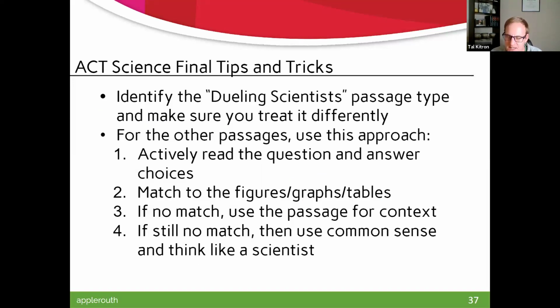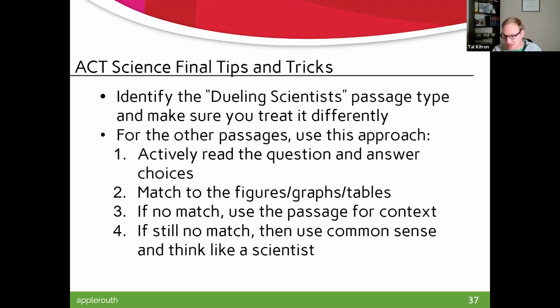Final tips for science: of the 6 passages, again, one is different. It's more like a reading passage. It's called Dueling Scientists, and what you'll notice is Scientist 1, Scientist 2, Scientist 3 with opinions. You can choose to do that first. If you're motivated from reading and want to do one more reading passage, you do that. Or if you want to save it for last, that's an option too. Or do it in order, but just know you treat it differently.